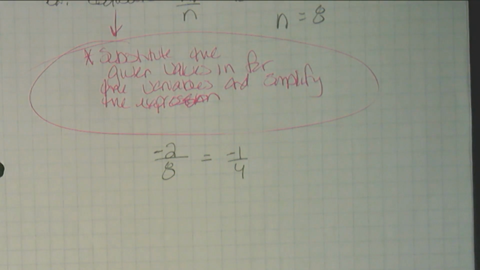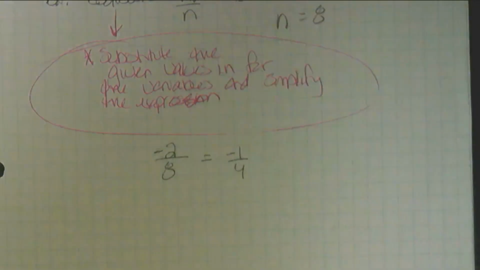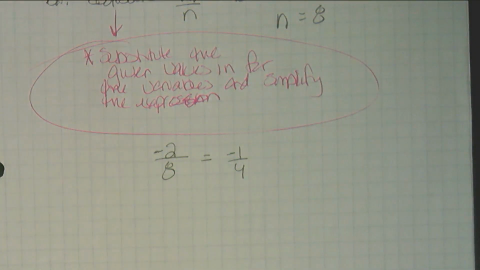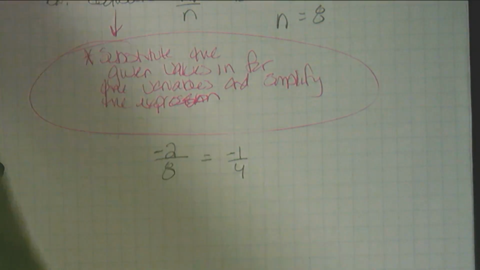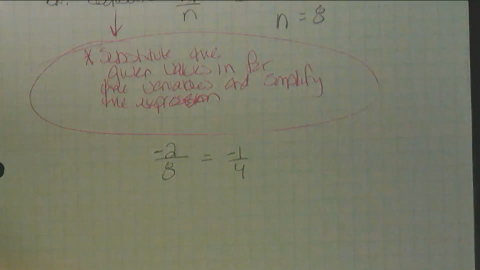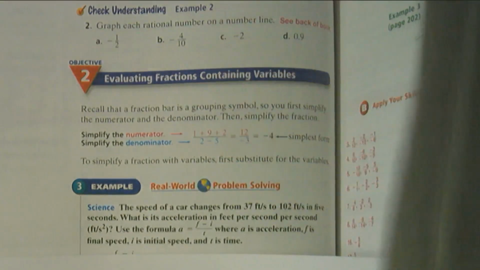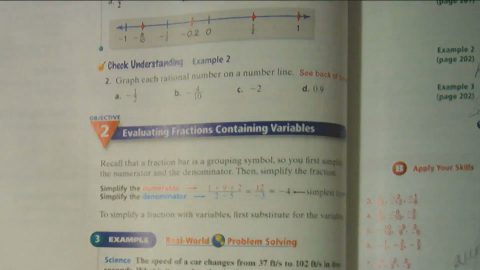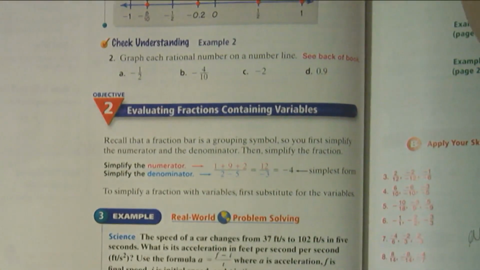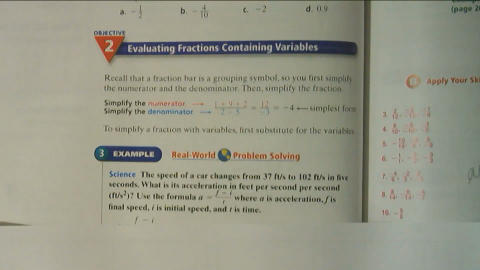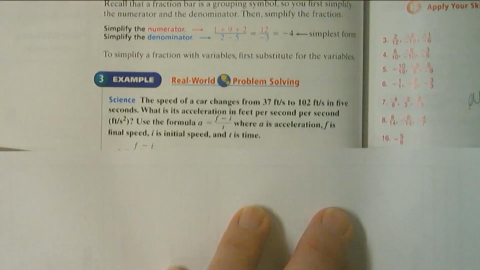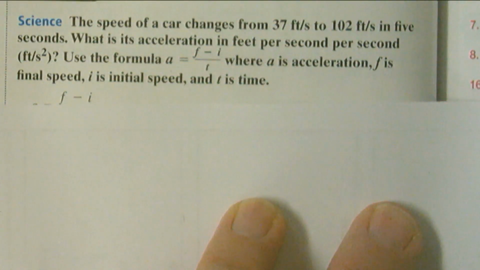All right, so I want you guys to do this problem. I'm going to show it to you. You're going to write down the givens, the necessary information, and then you're going to do this problem. All right.